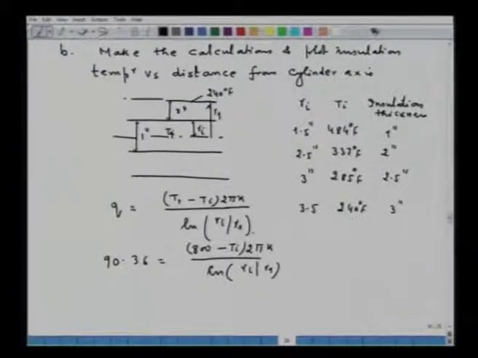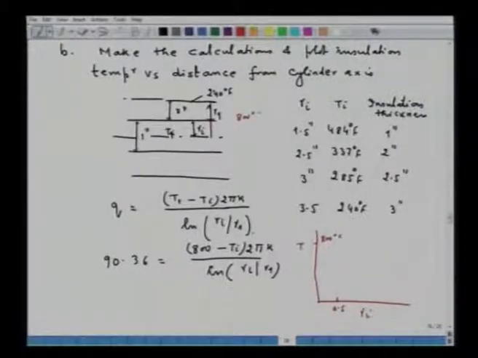So, now all that you have to do is plot on a graph paper. Let us take temperature on one axis and the value of Ri on the other. Then at Ri equal to 0.5, the value of T is 800, that is, 800 degree Fahrenheit given to you.